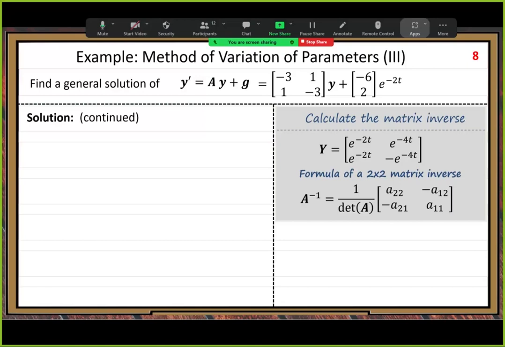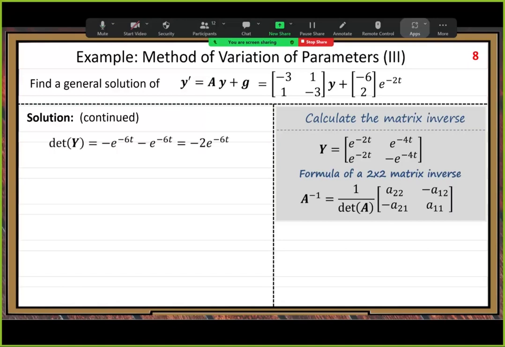The two diagonal entries, you swap. The non-diagonal entries, you do not swap, but you multiply by -1, you change the sign. So that's the matrix inverse formula.